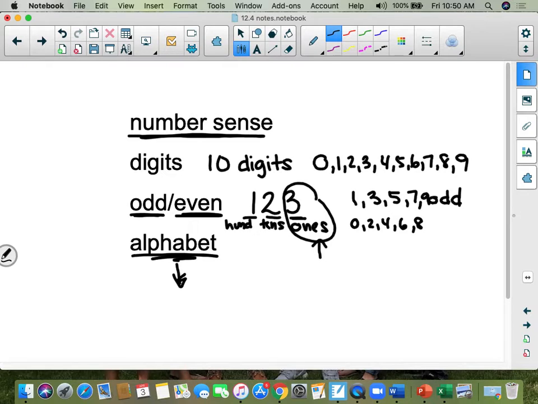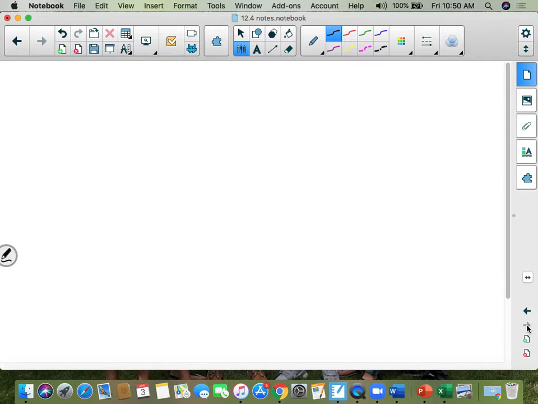How many letters are in our alphabet? I'm hoping you know that there are 26 letters of the alphabet. Okay, here we go. I'm going to start very basic and work my way up to more difficult type problems.